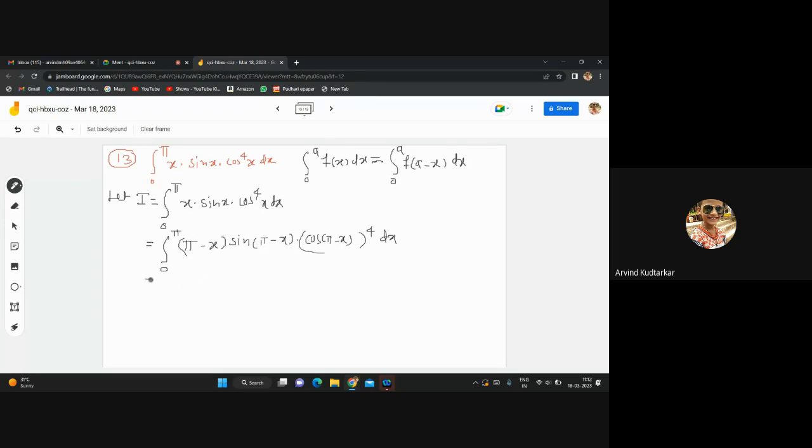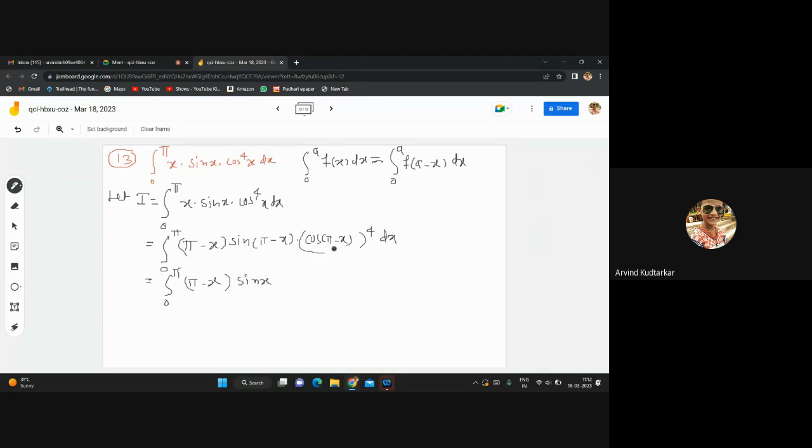So how will you write this? Integral from 0 to pi, (pi minus x) as it is, sin of 180 minus theta. 180 minus theta means what? The angle pi minus x lies in which quadrant? In the second. And only sin is positive, so no change will be there. You will get the same, that is sin x.